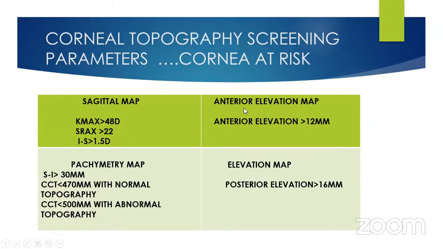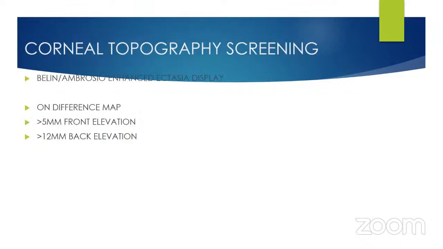And in anterior elevation map, if it is more than 12 micron, posterior elevation map, if it is more than 16 micron; in pachymetry map, superior inferior difference, if it is more than 30 micron; CCT less than 470 micron with normal topography; CCT less than 500 micron with abnormal topography indicates the cornea is at risk and needs to be screened.